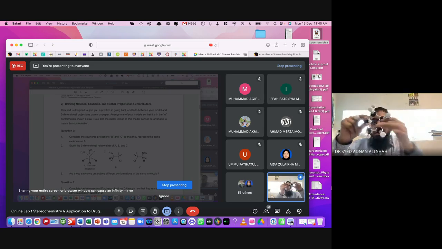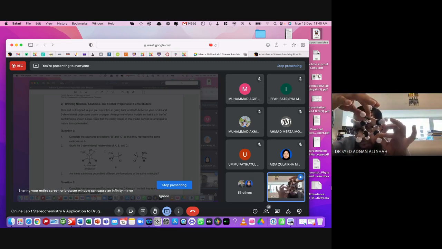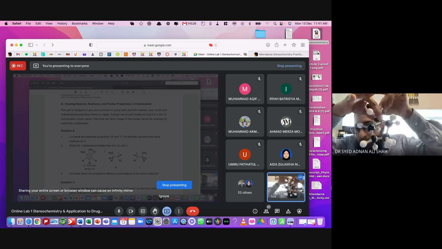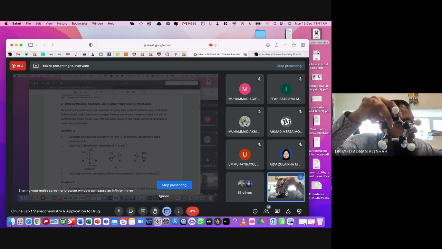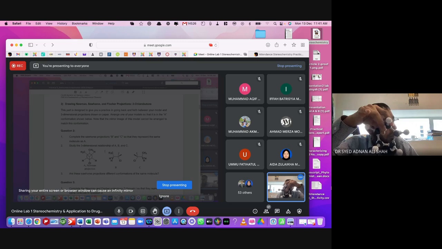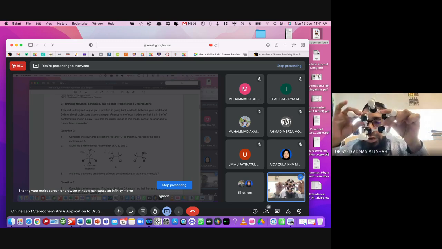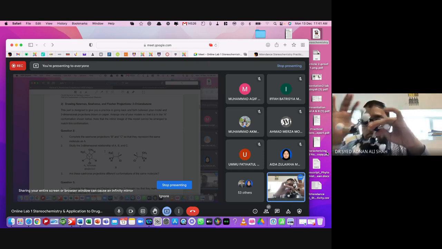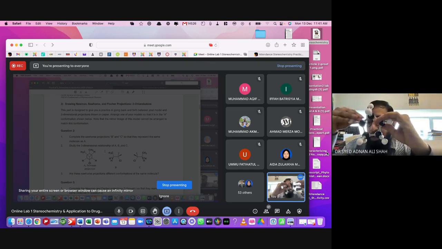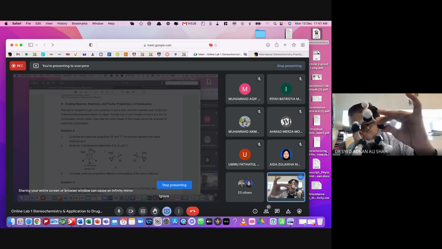So like this, you can see. This is cyclopentane, one carbon, second carbon, third carbon, fourth carbon, and fifth carbon, right? So cyclopentane has 5 carbons, 1, 2, 3, 4, and 5: CH2, CH2, CH2, CH2, and CH2. Is it okay? Are you able to see?